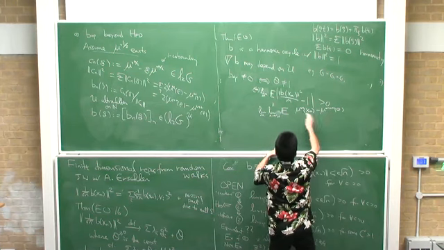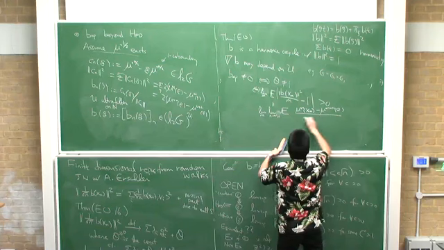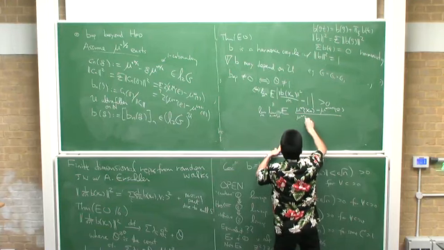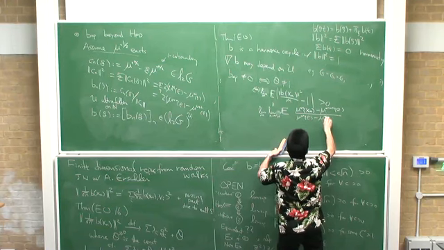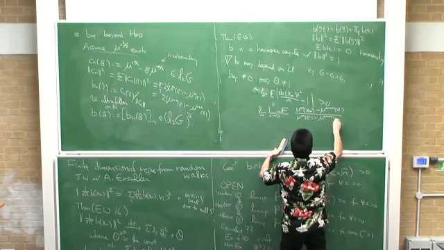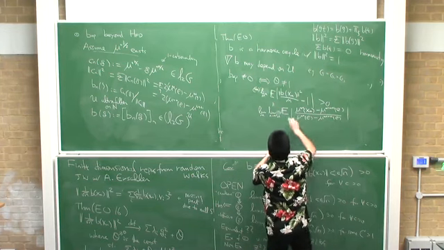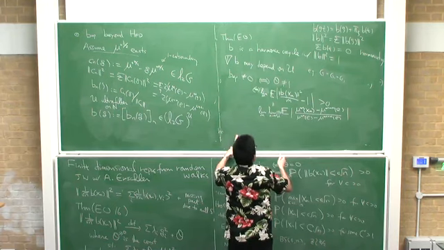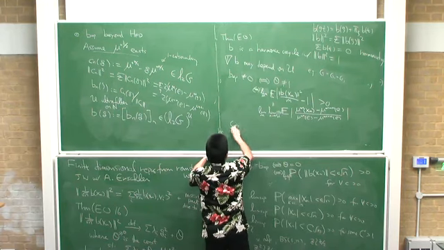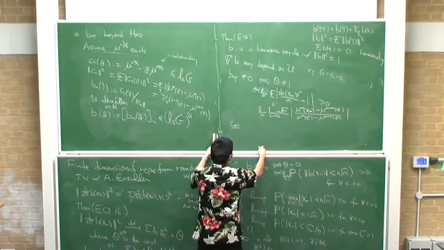If I take expectation of this, it's 0. Mu n e minus mu star n plus m e, absolute value.